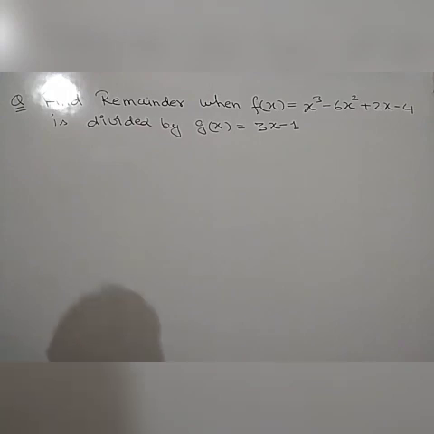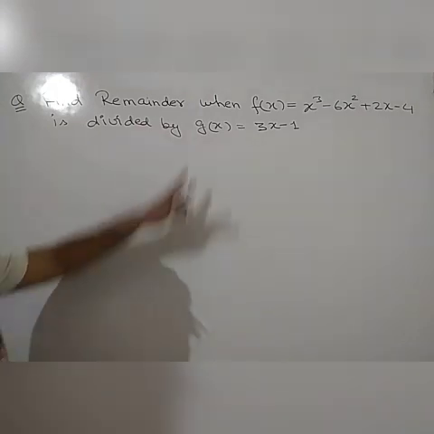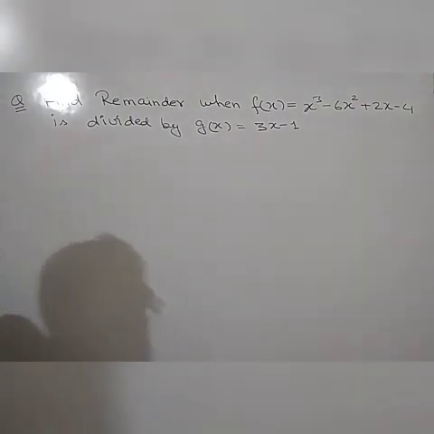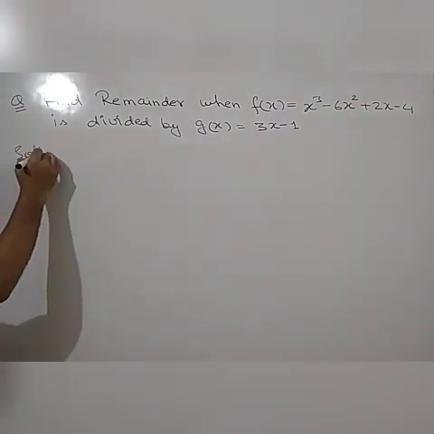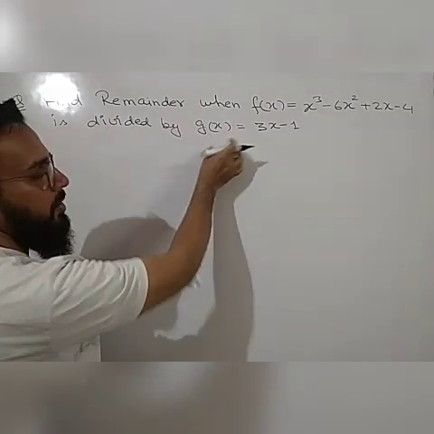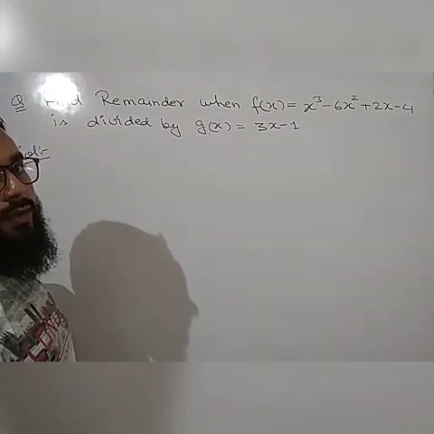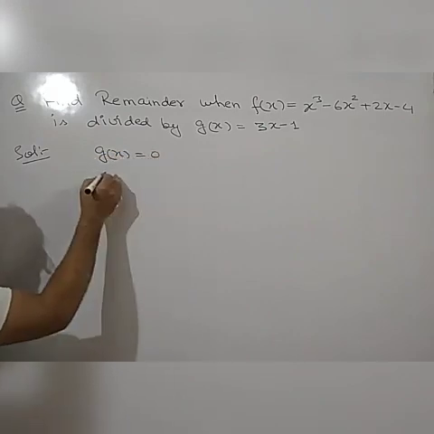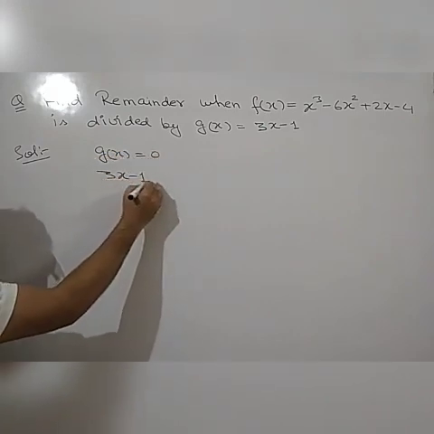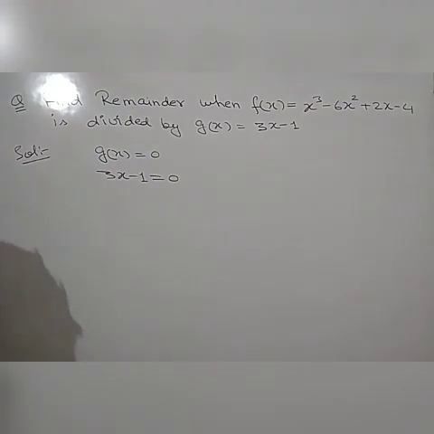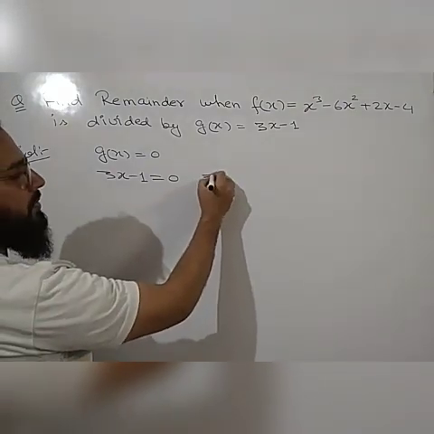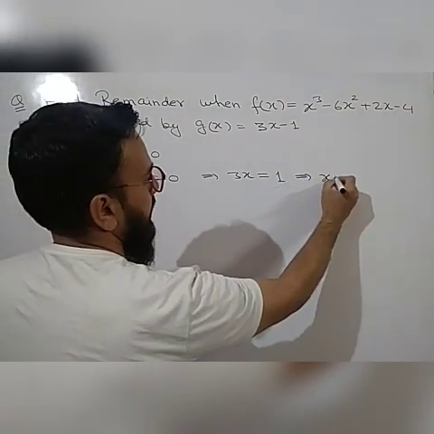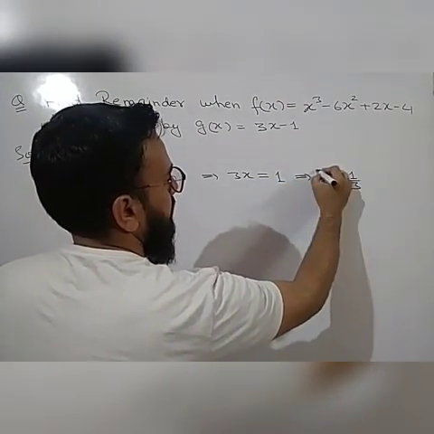Okay. So now in this question, the given polynomial is divided by g(x) is equal to 3x minus 1. So what we will do? First, we will put the polynomial by which we have to divide, g(x), equal to 0. What we will get? We will get 3x minus 1 is equal to 0, or 3x is equal to 1, which implies x is equal to 1 by 3.